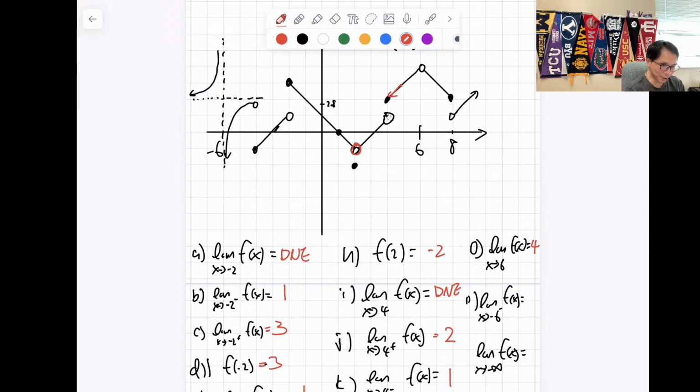What happened when the limit as x approaches -6 from the left side? Oh, sorry, this one's wrong. -6 from the left side is -infinity. What happened when x approaches -infinity? 2.